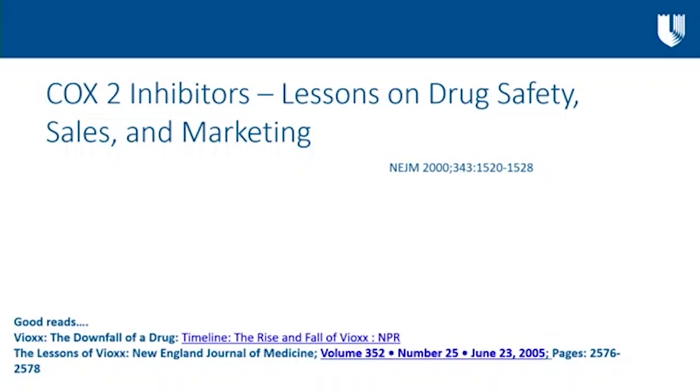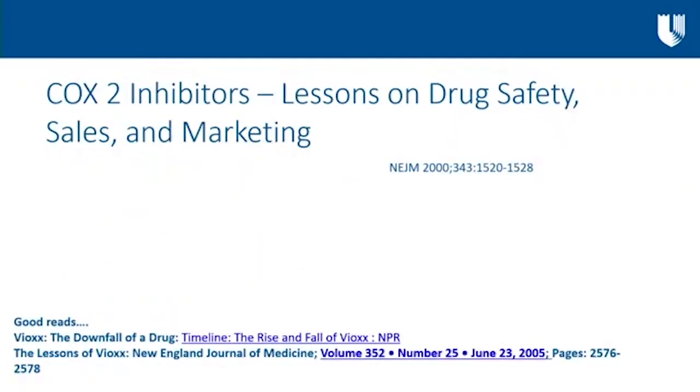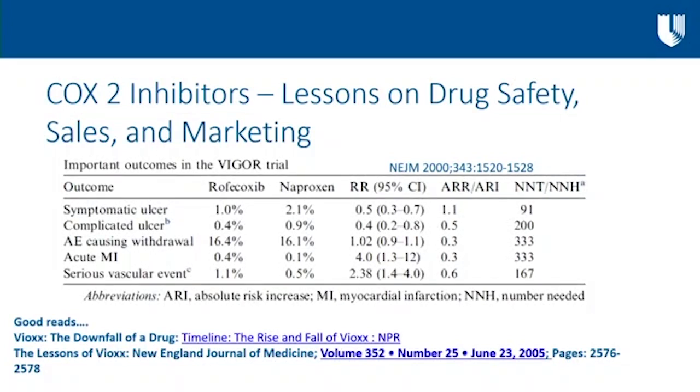And then in 2000, the makers of Vioxx, this rofecoxib, say, okay, we're going to publish this huge trial, the VIGOR trial. And what it looked at was GI-related adverse outcomes. And so they said, okay, this is great. We're going to compare this to naproxen. And they said, okay, let's look at the rate of ulcers.